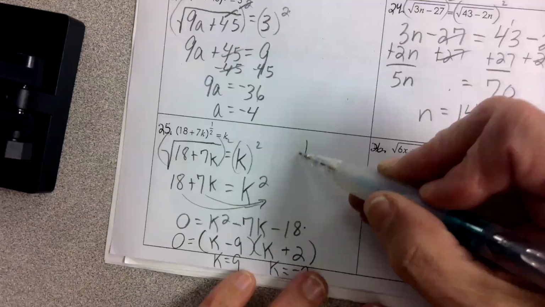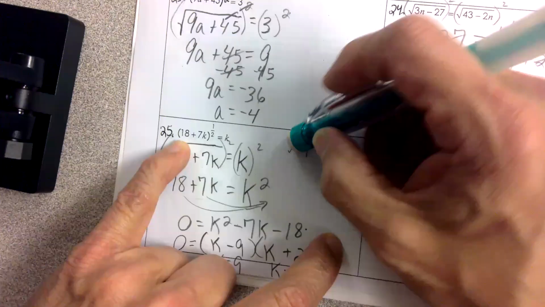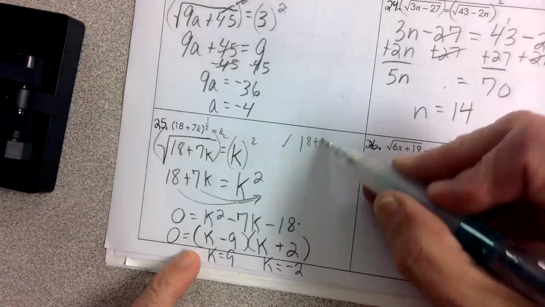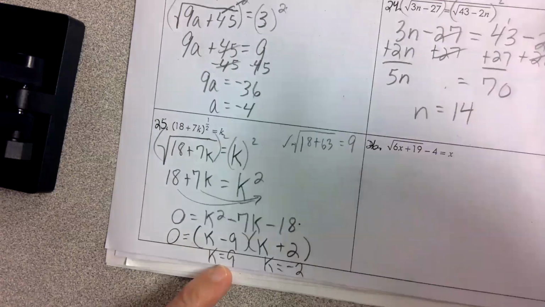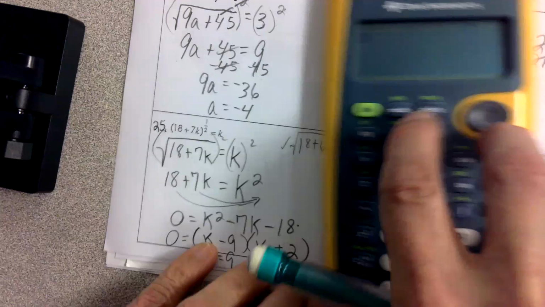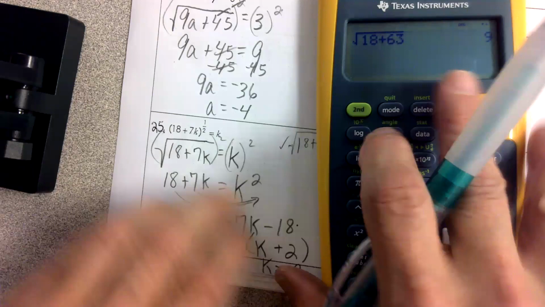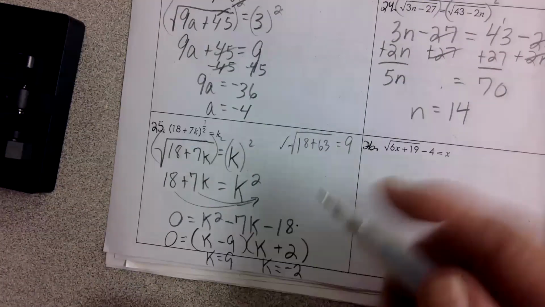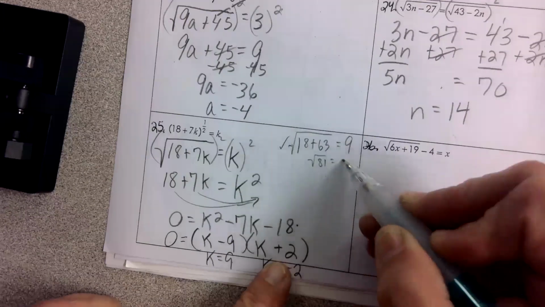And then we're going to check it. So if I plug in 9, I've got 18 plus 9 times 7, 63. Square root of that, does that equal 9? So square root of 18 plus 63 is 9. So yes, that's square root of 81, and that equals 9.